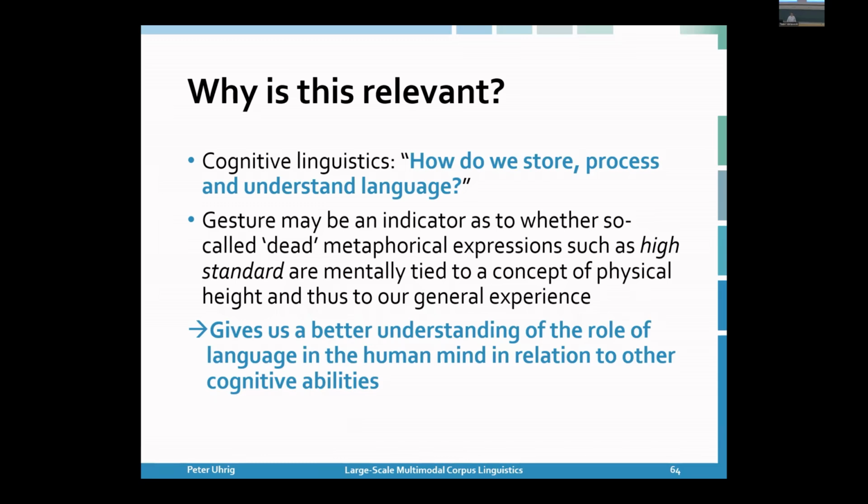Now, why is this relevant? Well, because people argue, this whole debate probably about dead metaphor. If you say high unemployment, low unemployment, I mean, there is no physical difference in a way, and they're not piling up, right?